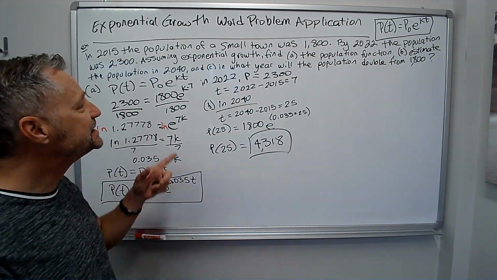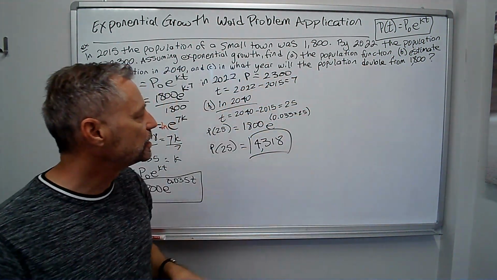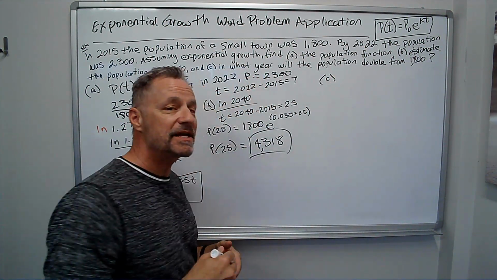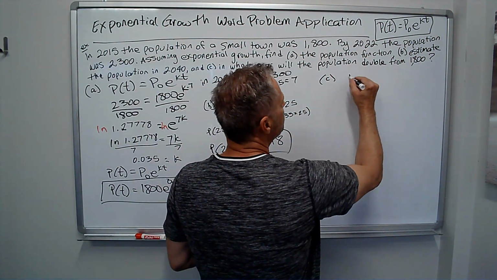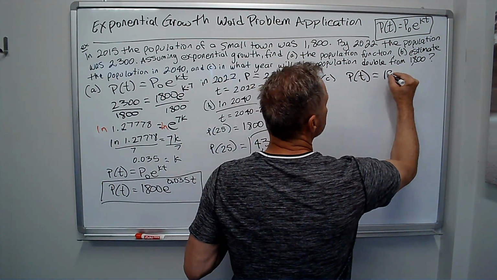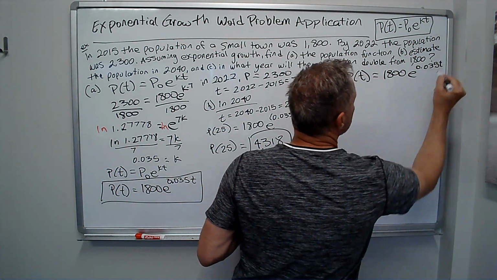Now I can go to C, which says, in what year will the population double from 1,800? So let's see. In what year will it double? Well, again, go to my formula. P of t equals 1,800 e to the 0.035t.